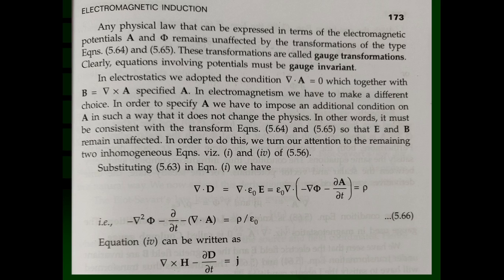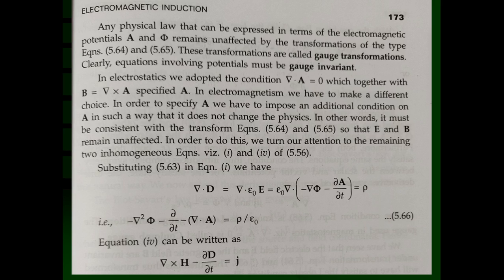In electrostatics, we adopted the condition divergence of A is equal to 0, which is called the Coulomb gauge, which together with B equal to curl of vector A specified the vector potential. So, in electrostatics, how did we specify the vector potential A?